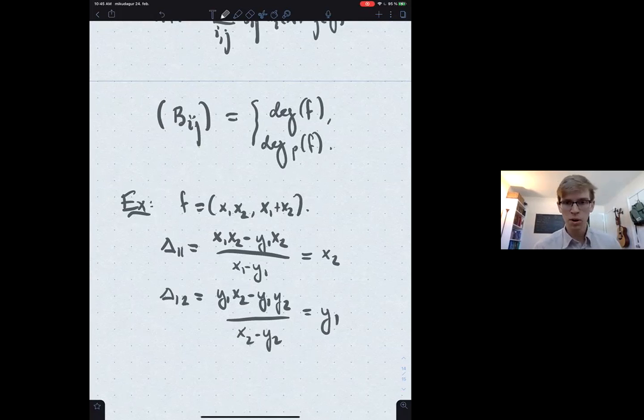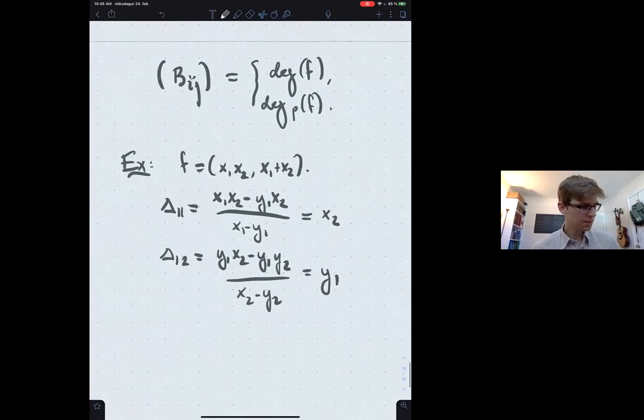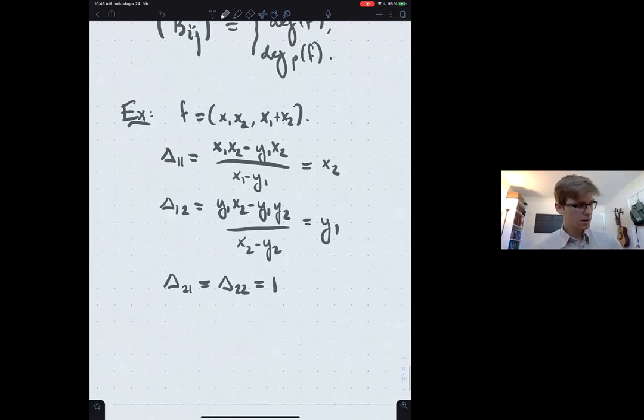So that gives me a y1. And then I will skip ahead here. These will both give you 1. And so then we want to compute the determinant of x2, y1, 1, 1, which gives you x2 minus y1.